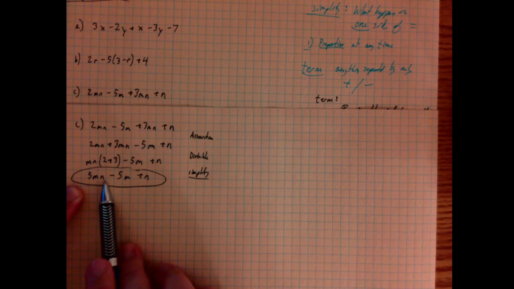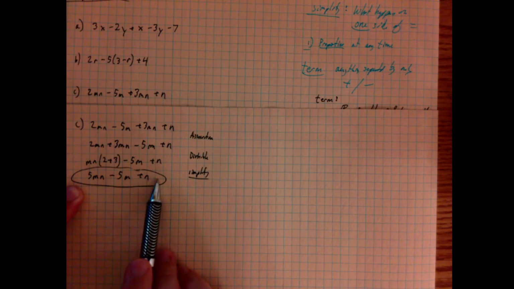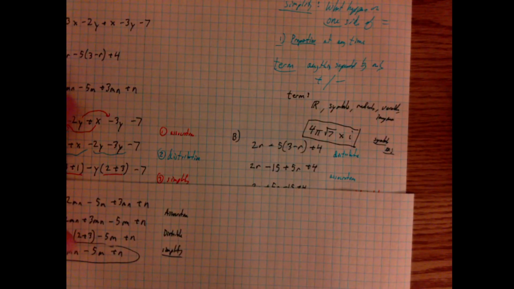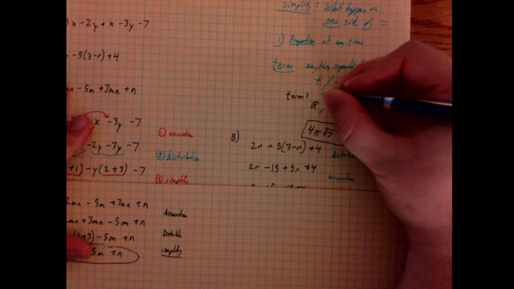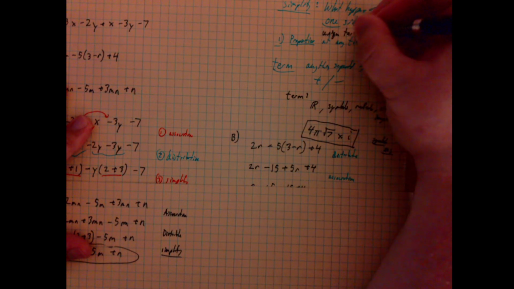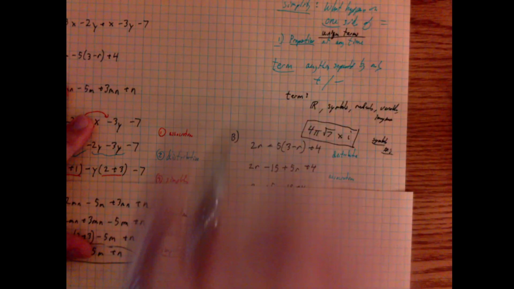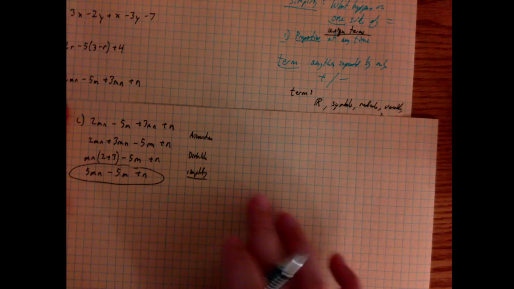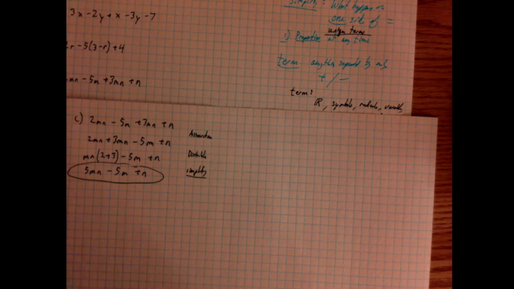So I have a 5mn, I have a 5m, I have an n. Each term is unique. You know something is simplified when you have unique terms. That's a big detail: my 5mn minus 5m plus n, those should all be unique, separate, different.